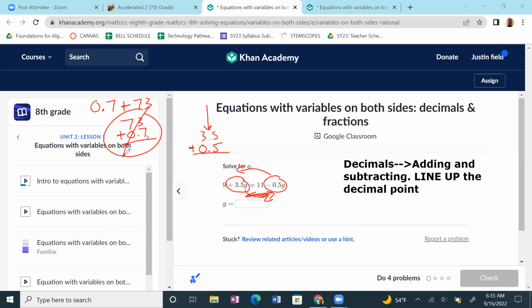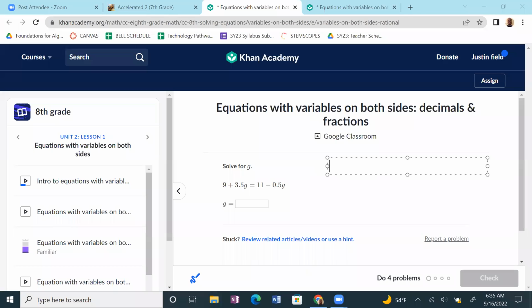Because the decimal points aren't lined up. What you would want to put would be this, and that is a yes, please. All right, so that's lining up the decimals.